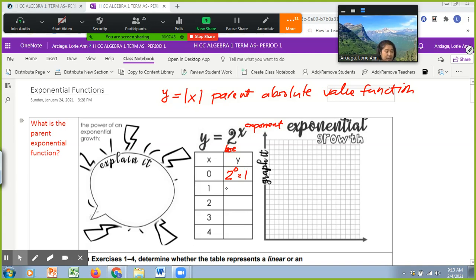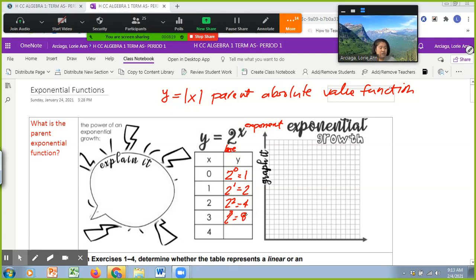Good. Now 2 to the first power is 2. And then the exponent x is 2: 2 squared, 4. 2 to the third power, 8.